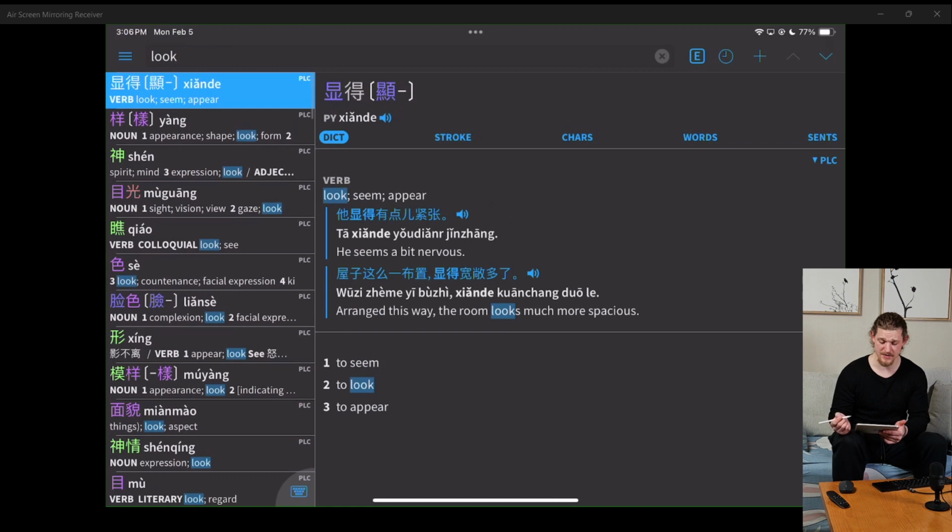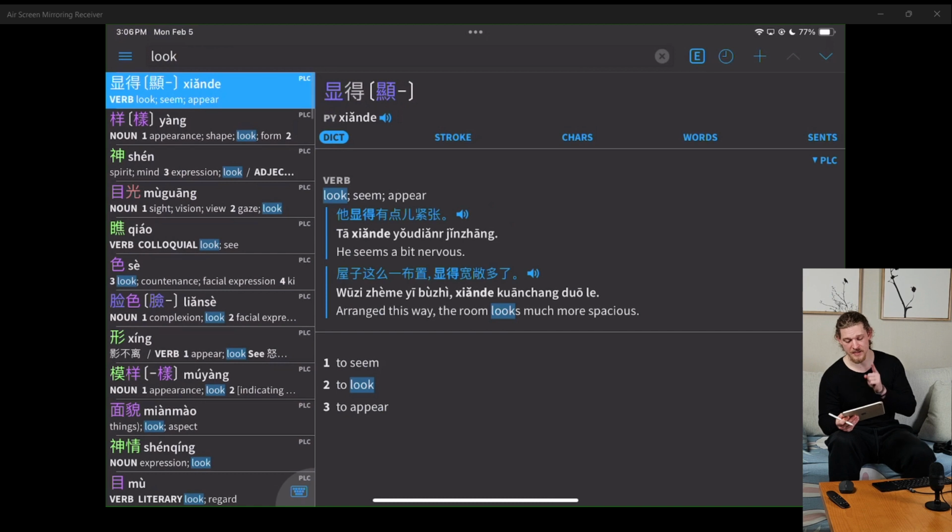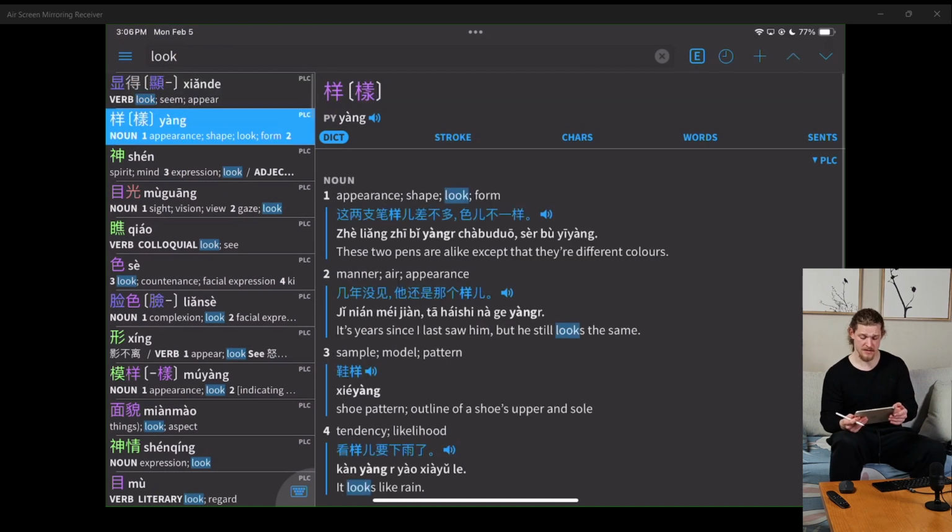He appears or seems to be. So he seems a bit nervous. 他显得有点紧张. 他显得有点紧张. That's not, if you were typing in look, like to look at something, what you're looking for at all. Appearance, shape, or look of something.